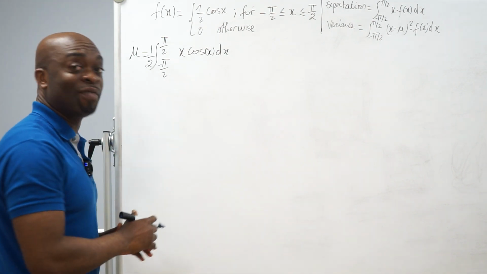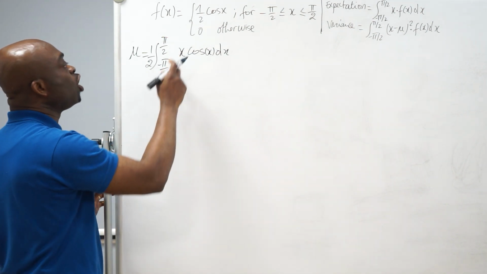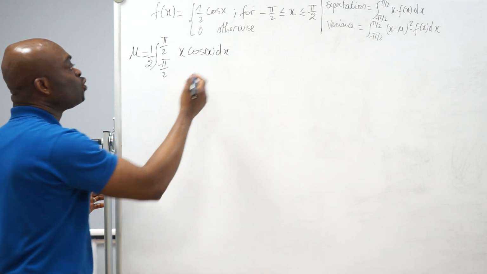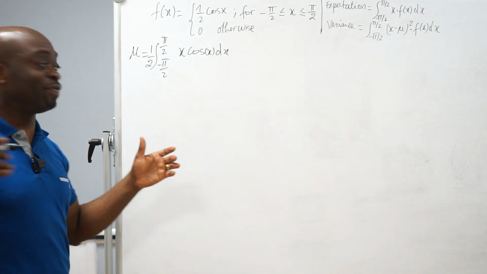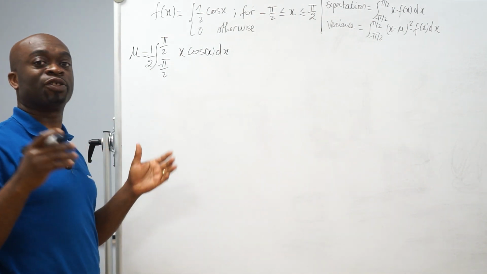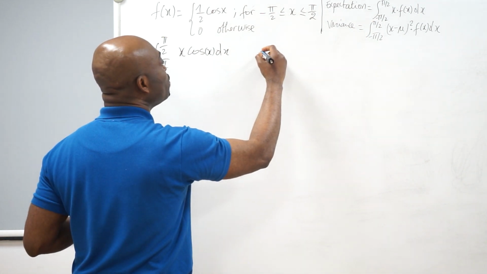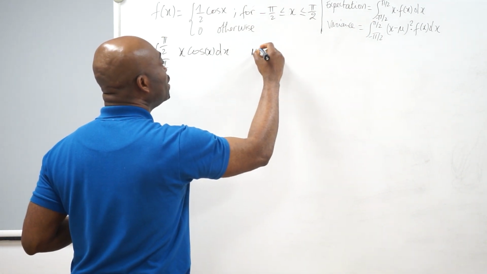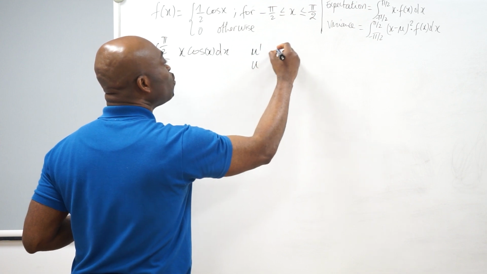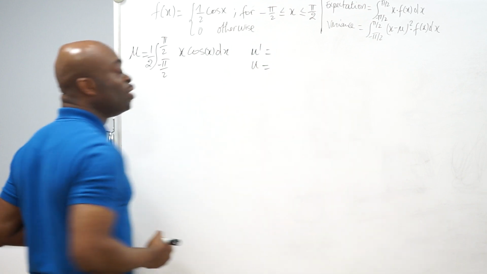Now, as we have this, what's going to happen? How do we solve this one? We have integration by parts to do, x times cosine x. So we have to determine what is our u prime, what is our u, what is our v, and what is our v prime.